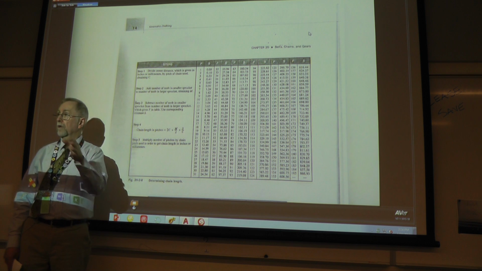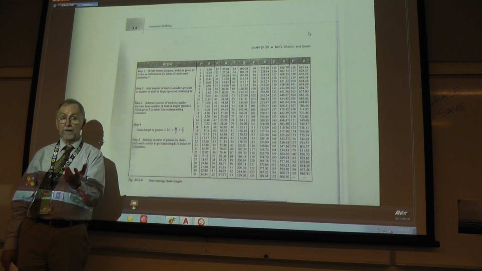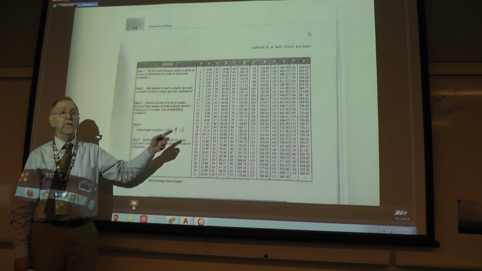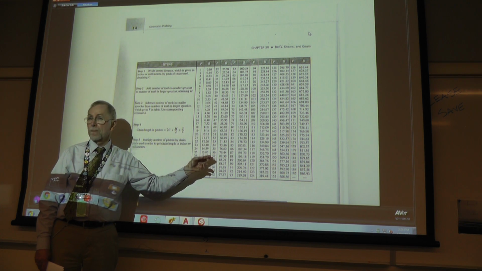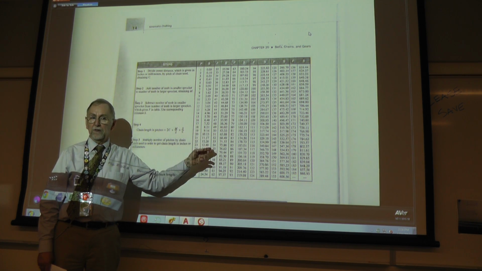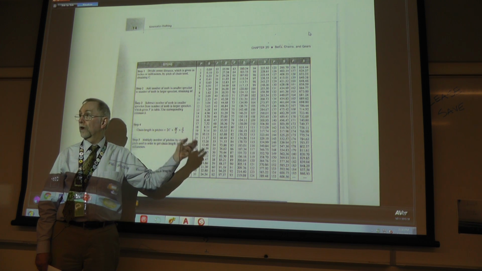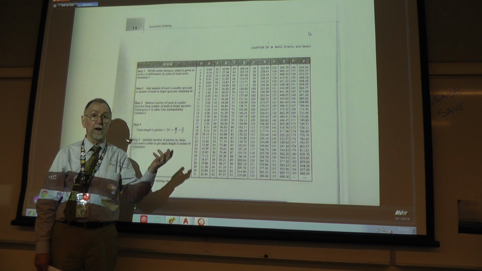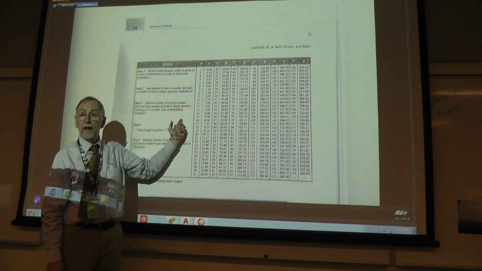M is the number of teeth in the driver and the driven sprocket added together, divided by 2. S comes from finding out what F is. You find out what F is in the formula by subtracting the number of teeth: larger number of teeth, subtract the smaller number of teeth, and you get a number. Let's say it comes out to be 10 for F.